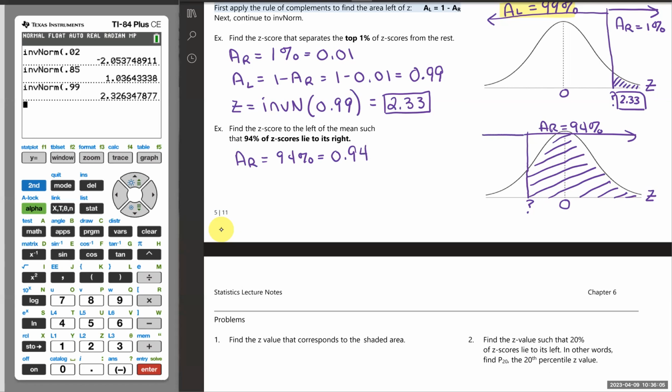And we know that we need to find the area to the left using the rule of complements. So 1 minus the area to your right would be the area to your left. So 0.06 or 6%. And then once you know the area left of the unknown z-score, you just inverse norm.